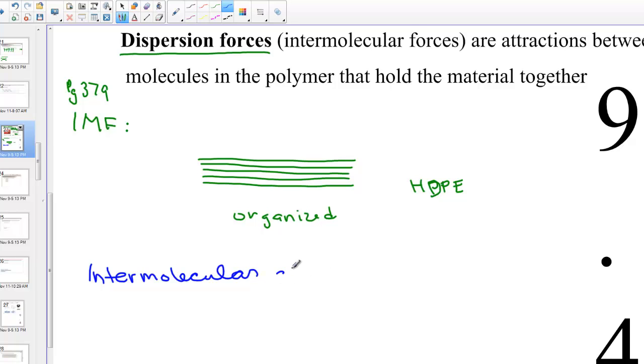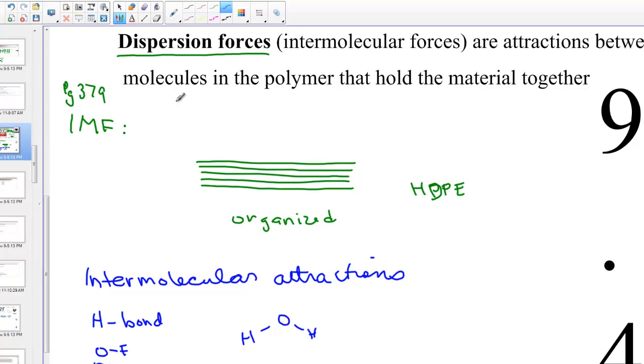We talked a great deal about one in the water chapter. We called it a hydrogen bond. A hydrogen bond is a very unique intermolecular attraction in which we have an O bonded to an F, an O bonded to not an O.